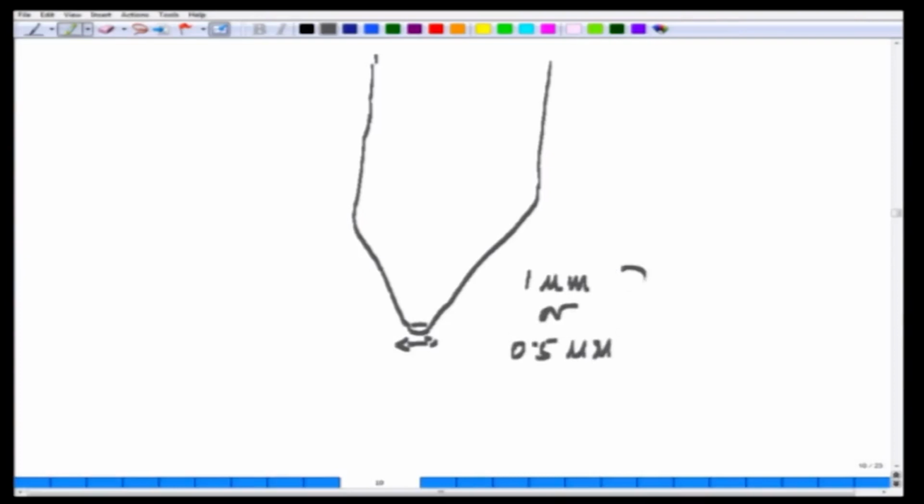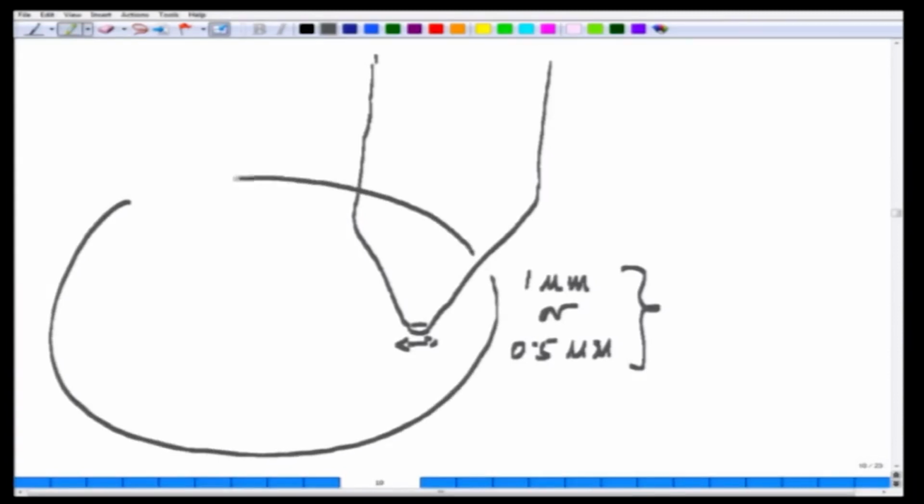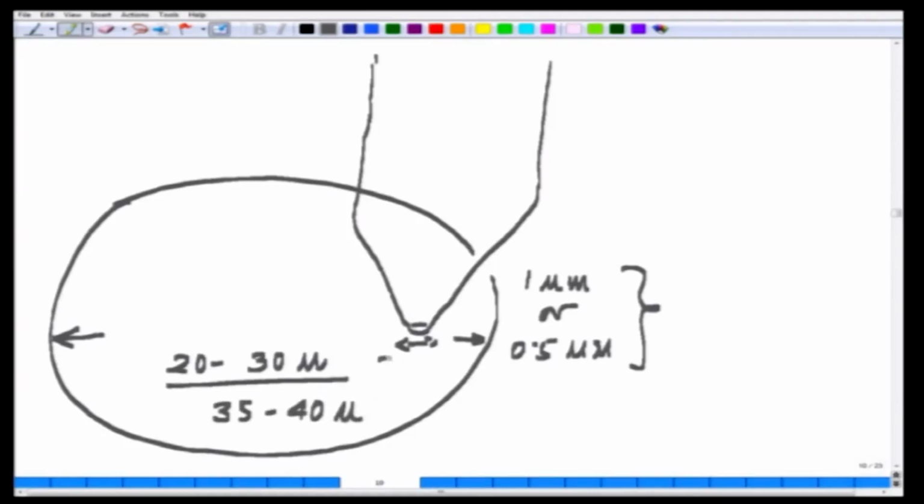And mind it, the cell as compared to this is 20 to 30 micron, or sometimes even 35 to 40 micron. The bigger, the better off you are in terms of picking up signal.